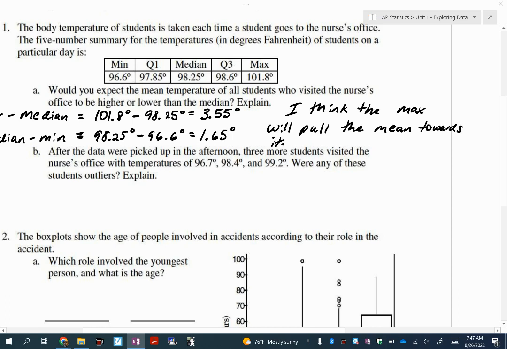So because of that, I'm going to say the mean is going to be higher than the median. So therefore, mean will be greater than median.